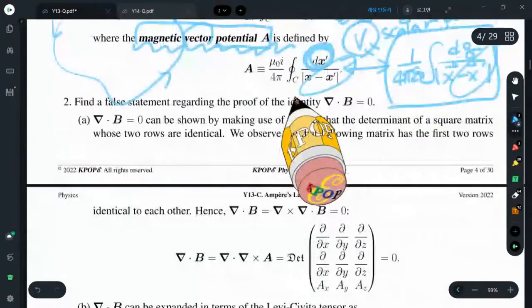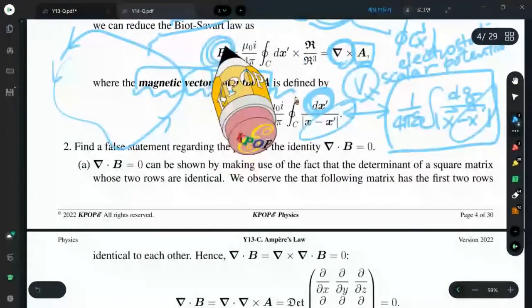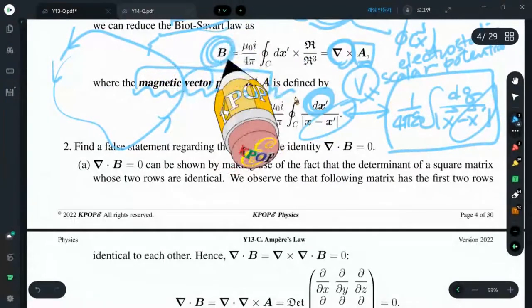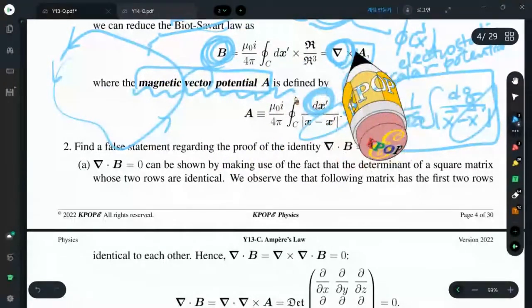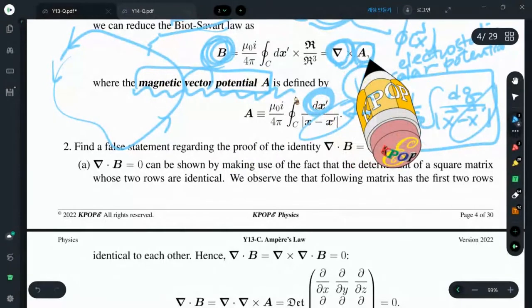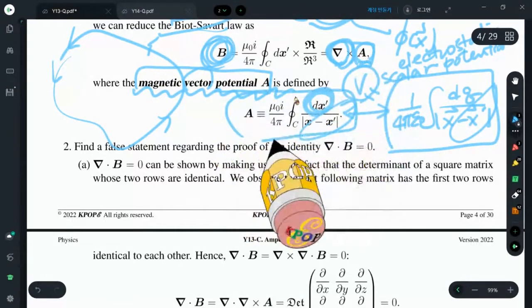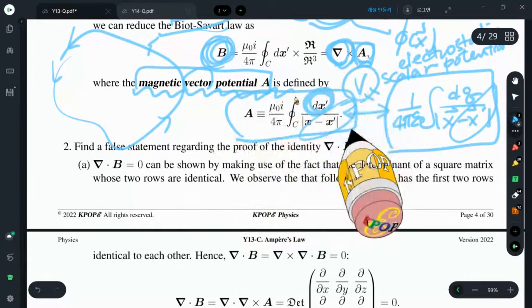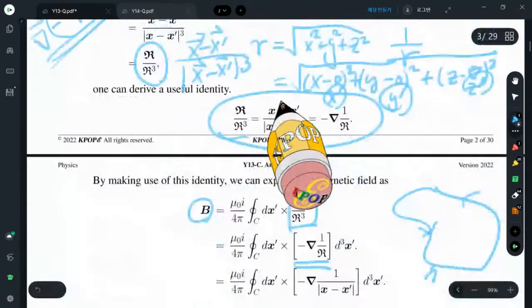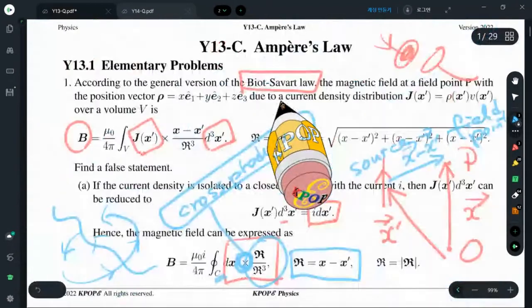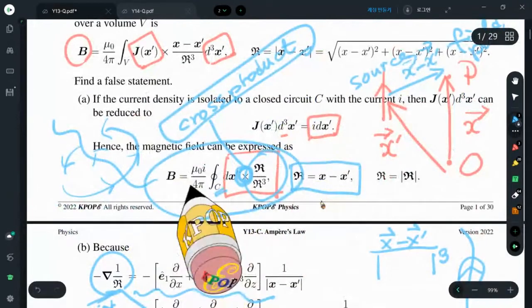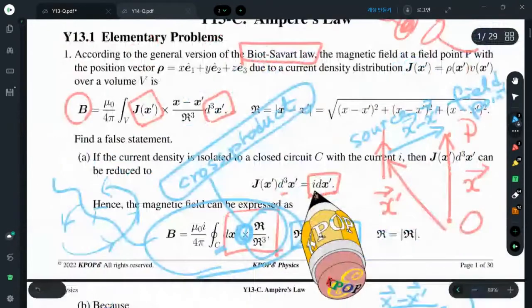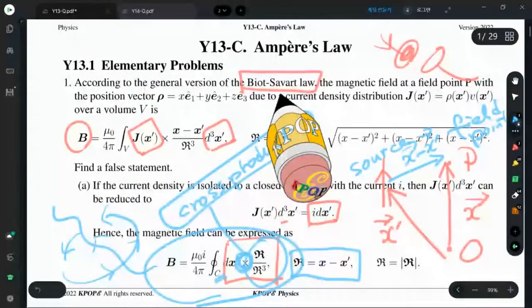Next, the magnetic field, from the Biot-Savart law, is always expressed as the curl of the magnetic vector potential. And the magnetic vector potential is much easier to compute than the calculation of the magnetic field directly from the Biot-Savart law.